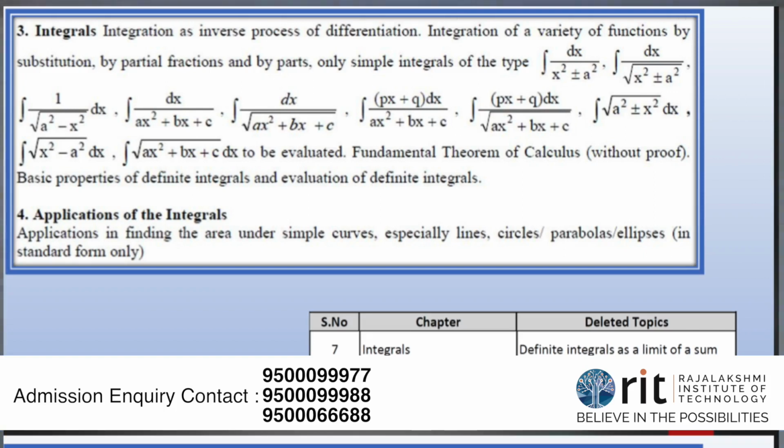You can avoid 7.7, 8, 7.9, 7.10. There is no need to study these 4 exercises in chapter number 7; you can just leave them.